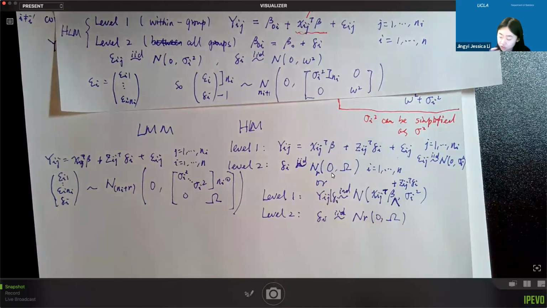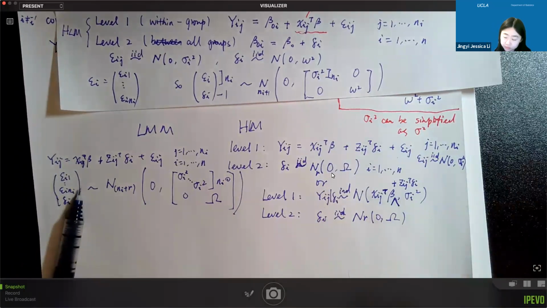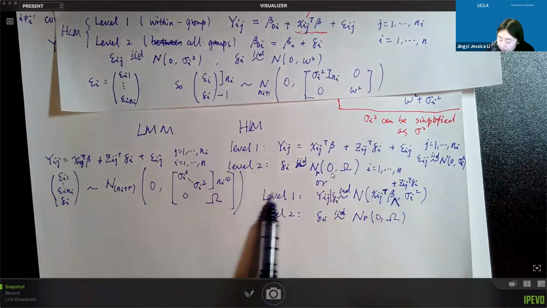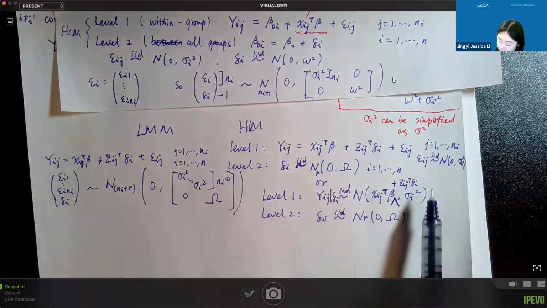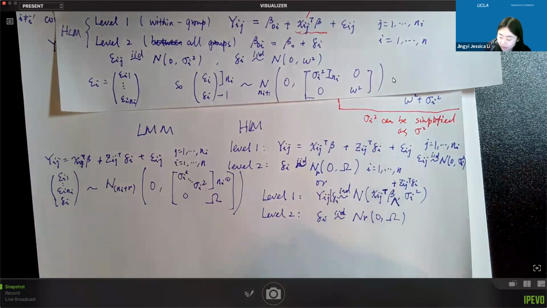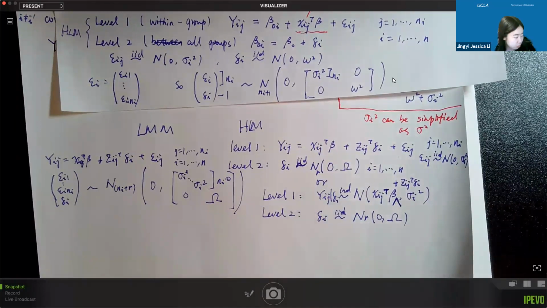Level 2 is just the distribution of delta I only, and putting them together, I can get the model on the left. In this way of writing the model, I avoid the notation of epsilon ij. I don't need it. I just directly write the distribution of Yij, just as how we write down the random structure, if you recall.